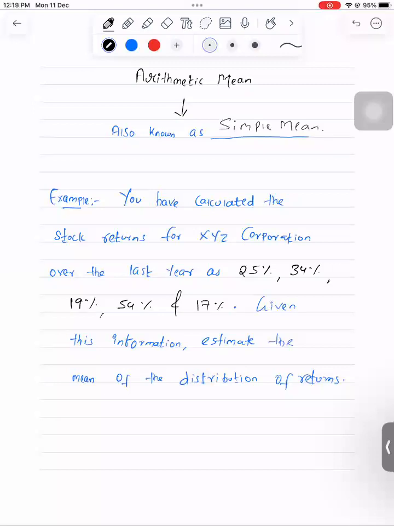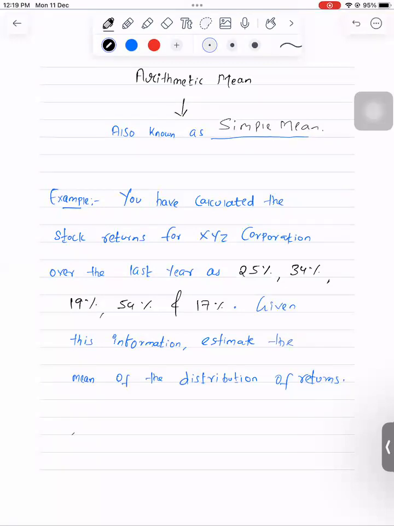Guys, please calculate the arithmetic mean. Okay, Kunal is saying the arithmetic mean is 29.8. Perfect.